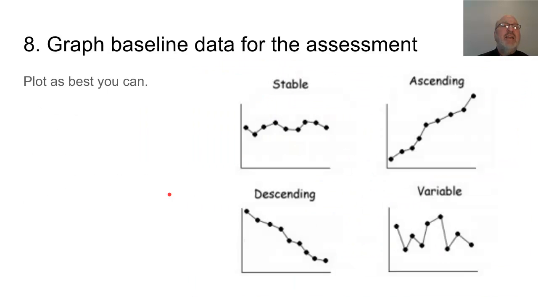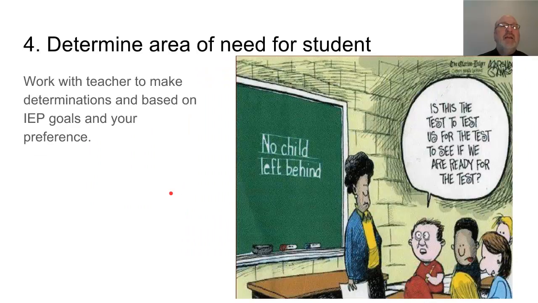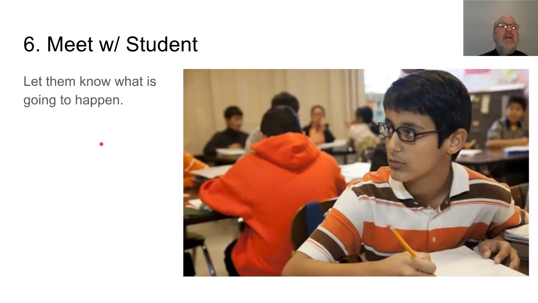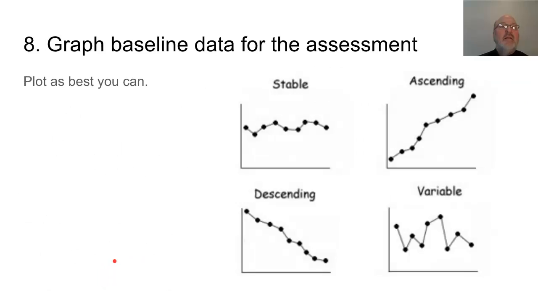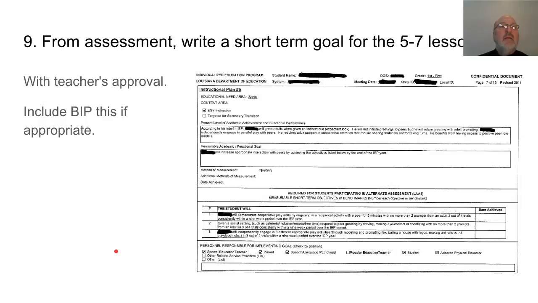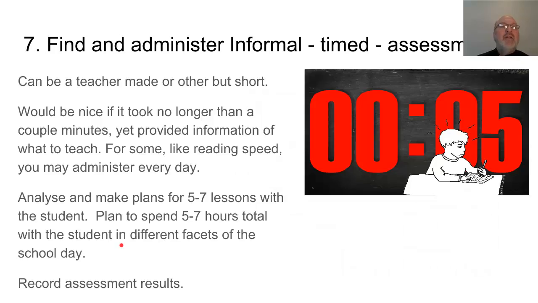Did I hit this back here? I want to back up a little bit. I forgot about this a little bit. Based on your IAP goal, what I meant to have here, I may have to add, is that you would write some kind of short-term objective for this.